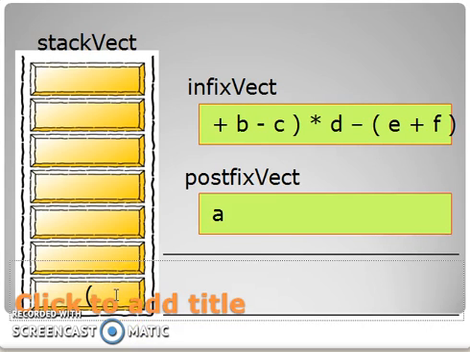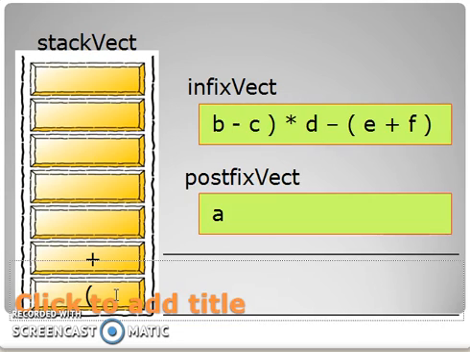Whenever we find the operand a, we insert it into the postfix vector. After reading plus, whenever an operator is read, we insert it into the stack. If we read an operand, we insert it into the postfix vector. The next one is an operand, so we insert it into the postfix vector.